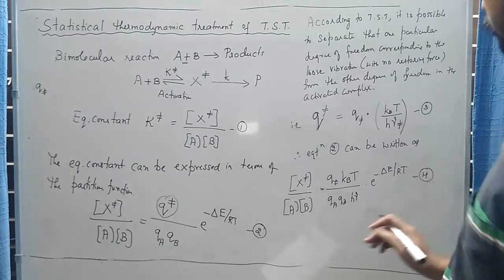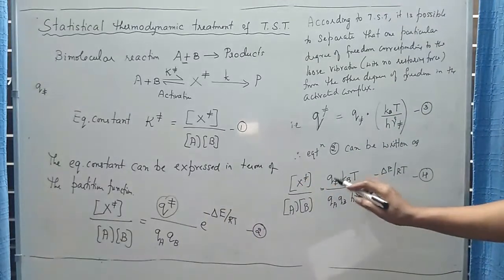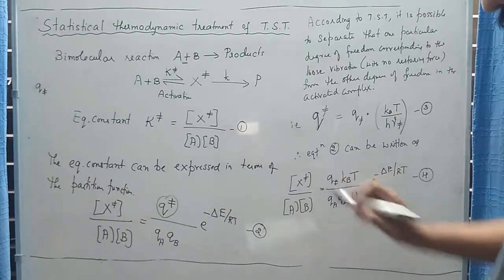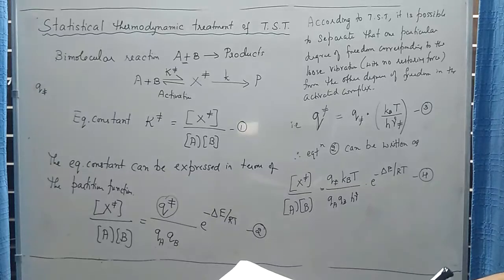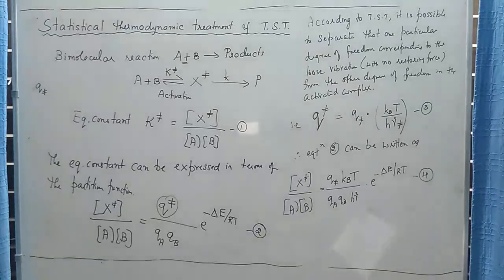So here the total partition function is written as the product of the two partition functions according to the postulates of transition state theory. So let us rearrange equation number 4.